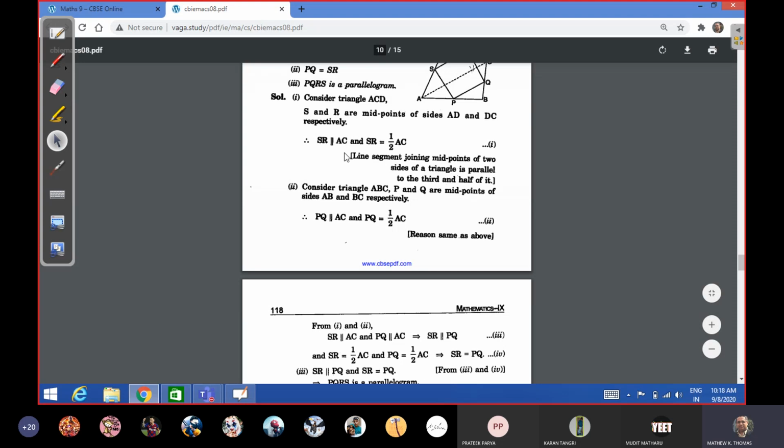This is 1 and this is 2. From 1 and 2, we can say that SR is parallel to AC, PQ is parallel to AC. So what is the conclusion? AC is common, so PQ and SR are parallel. Again, from 1 we got SR is half of AC. From 2 we got PQ is half of AC. From 1 and 2, what can we say? Half AC is common, so PQ equals SR. So that's part 2.